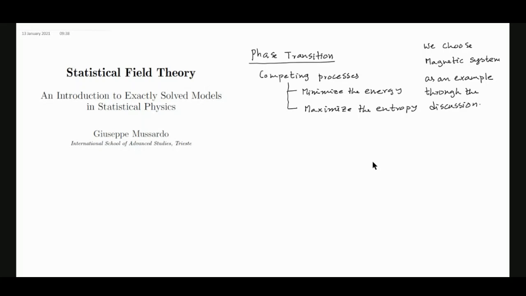What we have in this magnetic system is basically a collection of magnetic dipoles.